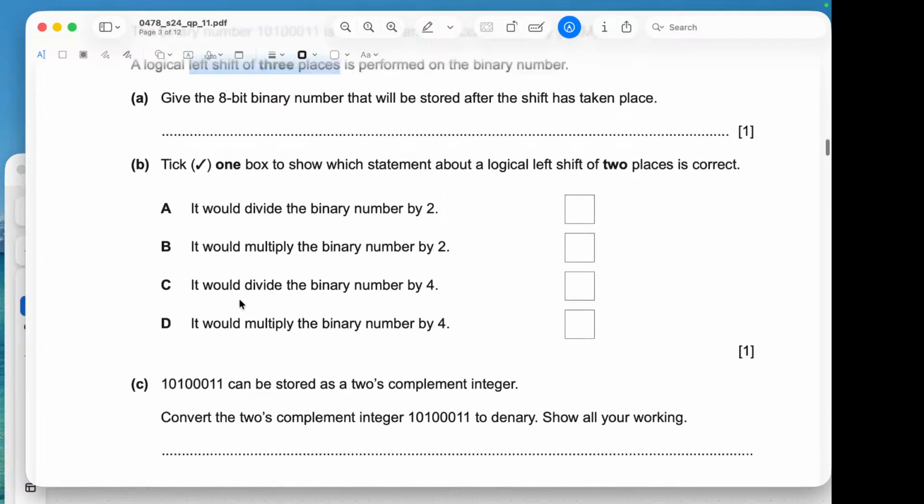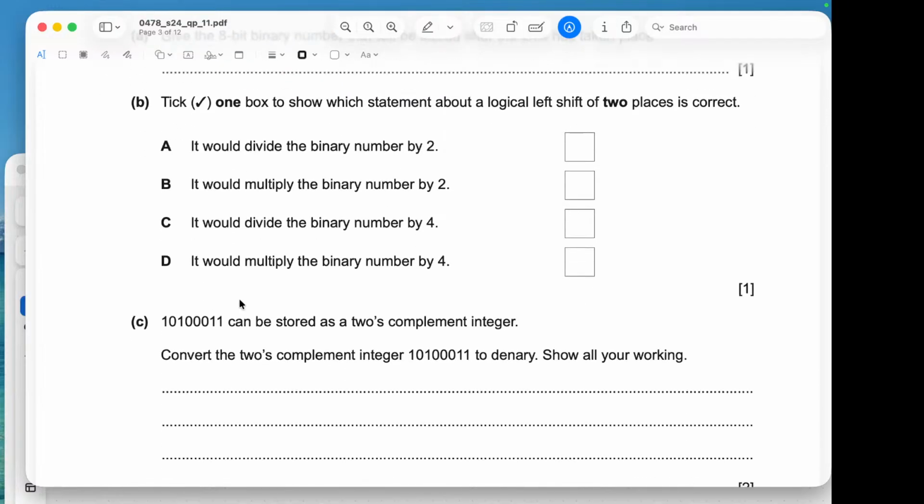Next question. Tick 1 box to show which statement about a logical left shift of 2 places is correct. Would it divide the binary number by 2, multiply the binary number by 2, divide the binary number by 4, or multiply it by 4? Which is the correct answer?